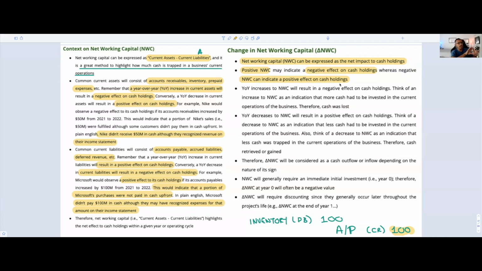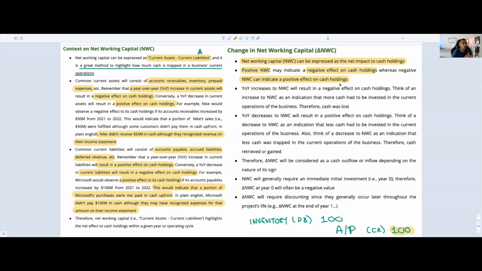Because if we have a year-to-year decrease in net working capital, this indicates that less money is being trapped in our business, that more money essentially was able to get freed up from the business. And that's actually a positive cash inflow. It's a positive cash value. It's a positive effect to cash.